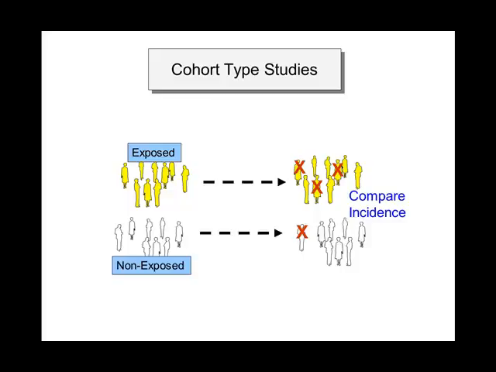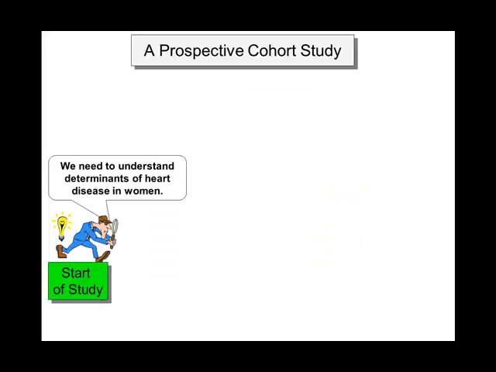First, let's take a look at the prospective design. We're going to, as an example, look at the Nurses' Health Study, which was a prospective cohort study that was begun in 1980. These investigators wanted to understand more about the determinants of heart disease and cancer in women. And they decided to follow female nurses because they offered many advantages in terms of long-term follow-up.